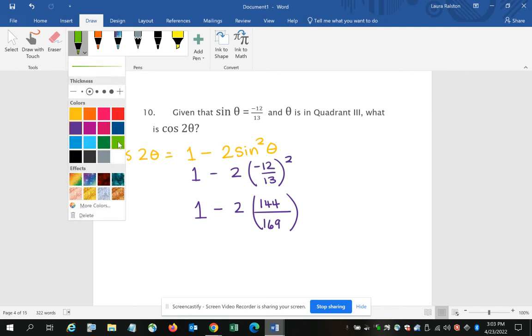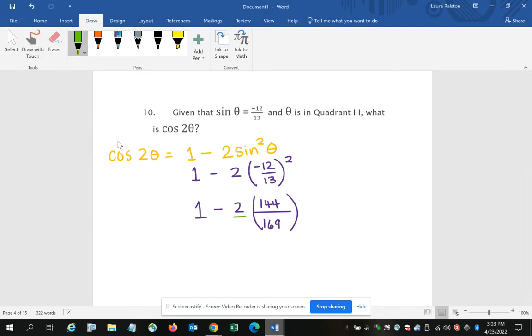Again, be careful. Make sure you turn your whole number into a fraction. So you have 1 whole minus 2 times 144 is 288 over 169.